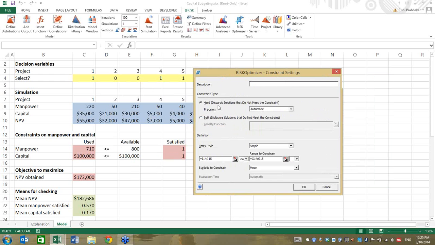Having a constraint as hard does automatically reject any solution that violates the constraint. So we could use a soft constraint in this case and say that for every person over 800 or for every dollar over 100,000, there will be some amount of penalty taken off the calculated NPV.